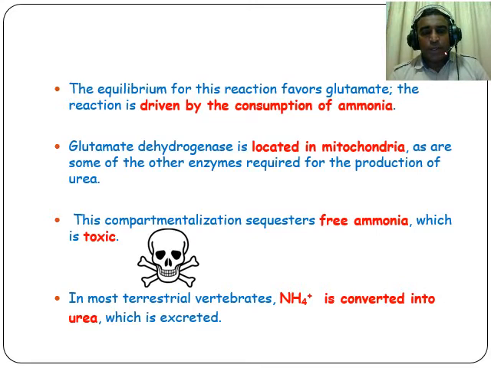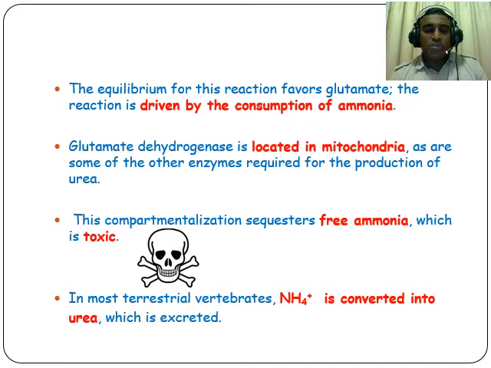After the free ammonia is obtained, it is quite toxic for the cell. The more free ammonia builds up, the more it can cause toxic effects to the cell, and therefore it needs to be removed or detoxified. In terms of detoxification, you need to see which organism it is found in.